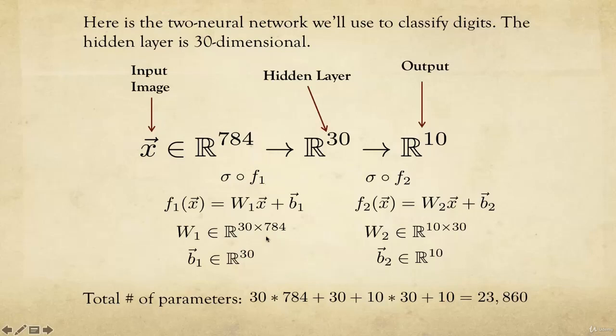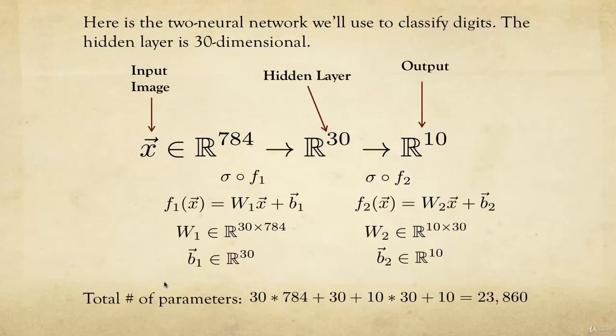Notice in this architecture, we have a lot of parameters. We have W1, which is a very big matrix. B1 is a big vector. W2 is another matrix that's very big. B2 is another vector. If we multiply everything together and calculate the number of parameters, the number of entries in those matrices, then you have 30 times 784, which is the W1 matrix.